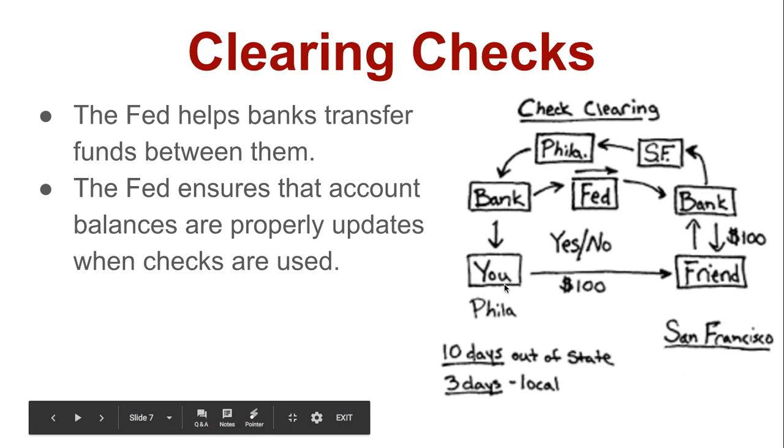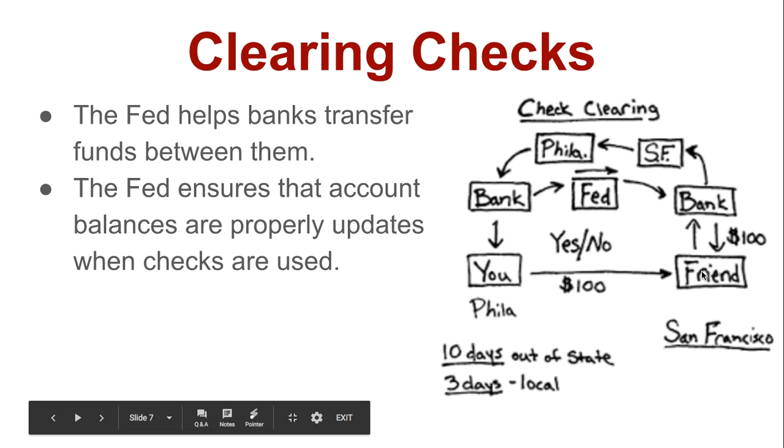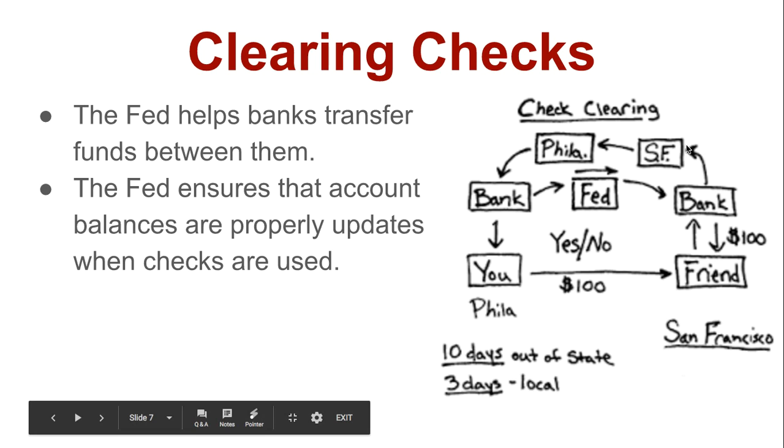So this is how it works. Here's you. Let's say you live in Philadelphia. All right, you write a $100 check to a friend of yours in San Francisco, 2 different Federal Reserve areas. So the friend takes that to the bank, gives them $100. But the bank then has to send that check forward to the Federal Reserve Bank in San Francisco.